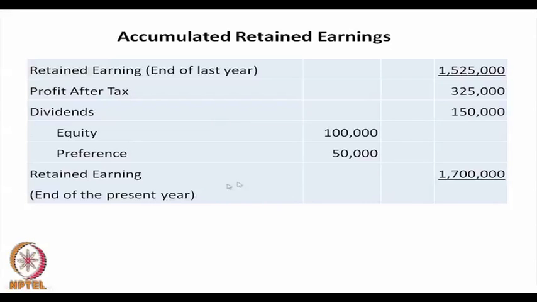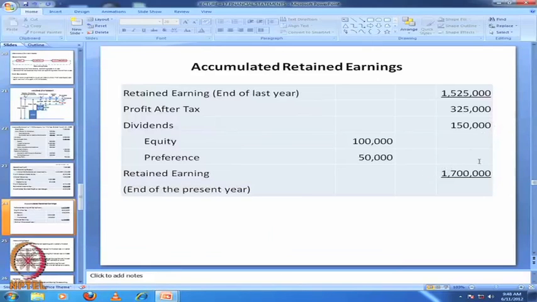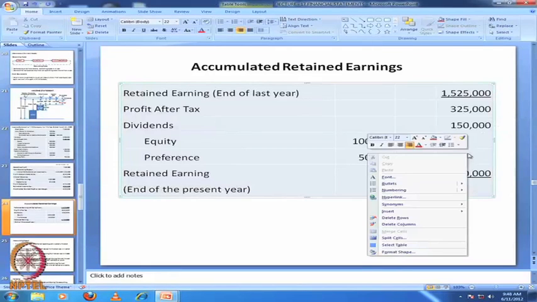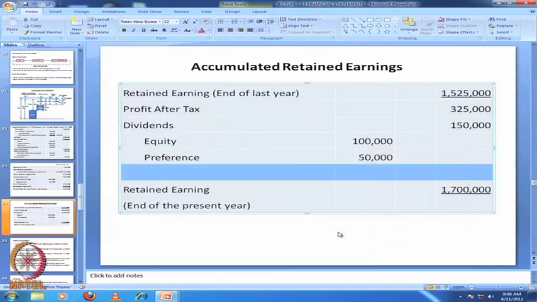In fact, one more row could have been shown here as just earning this year, which is 325,000 minus 150,000 rupees. Let me do that to make it clear.